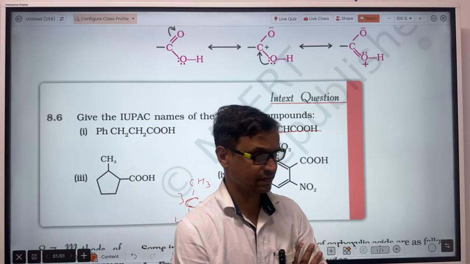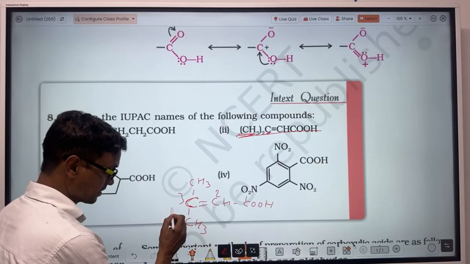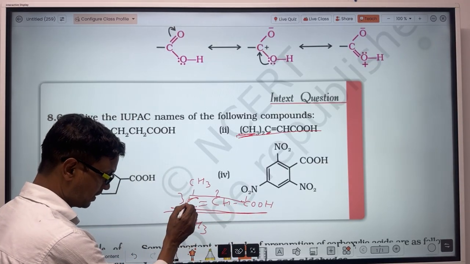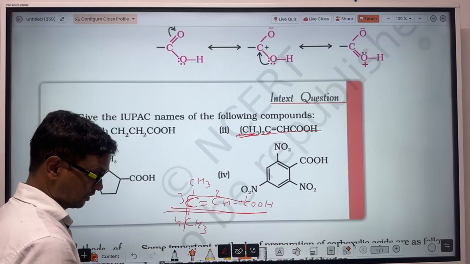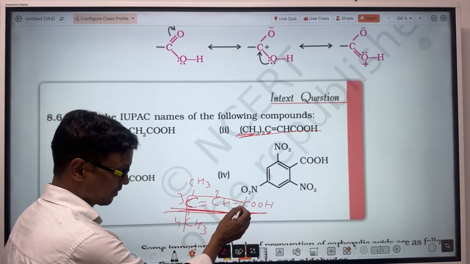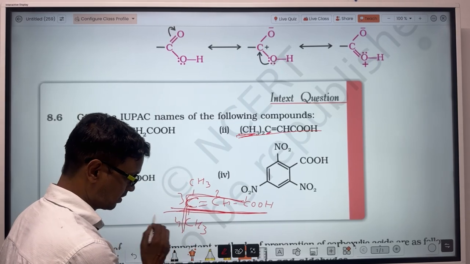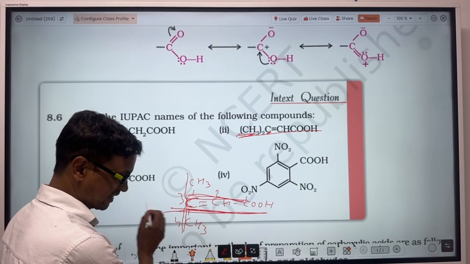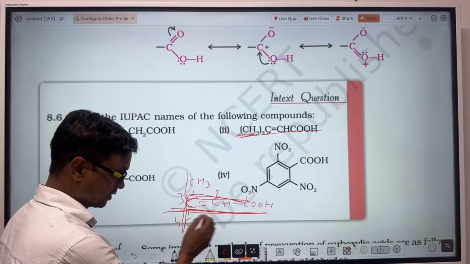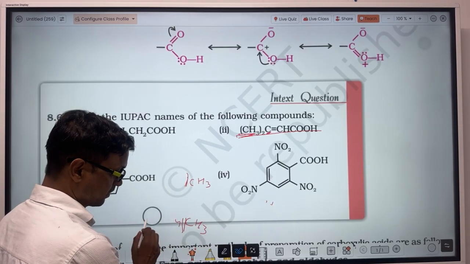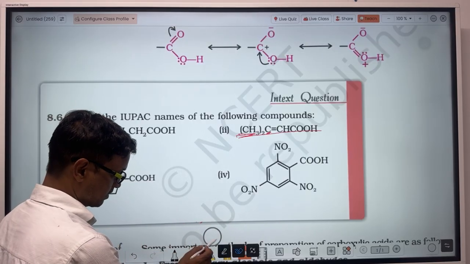What mistakes do they make? They include the main chain till here only, but the length of the chain is from here to here. Be careful. Here the chain has not terminated. Termination of the chain is from here to here or from here to here. So this chain is not of 3 carbon. This chain is of 4 carbon, not 3 carbon atoms.